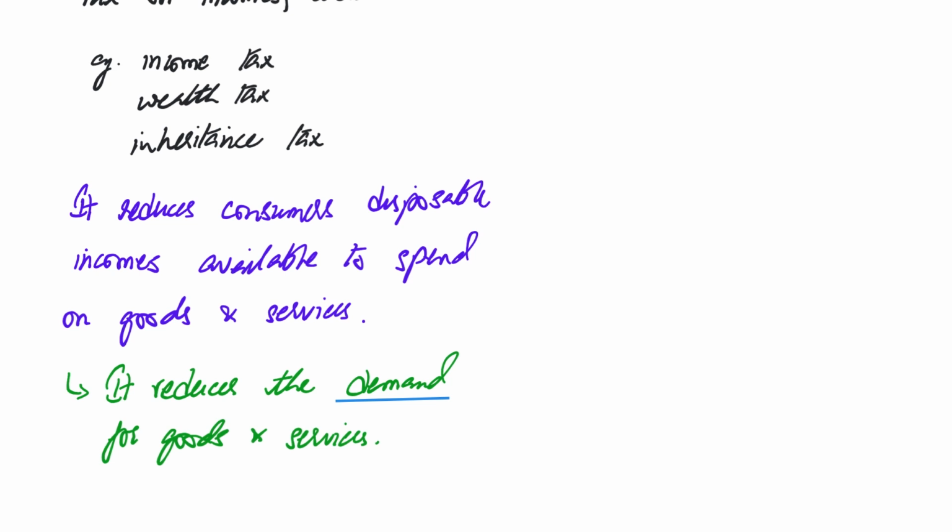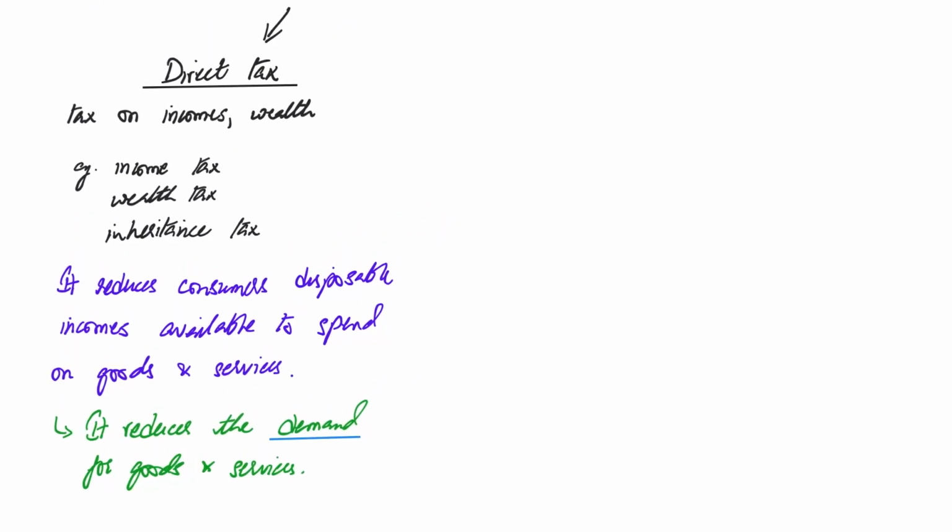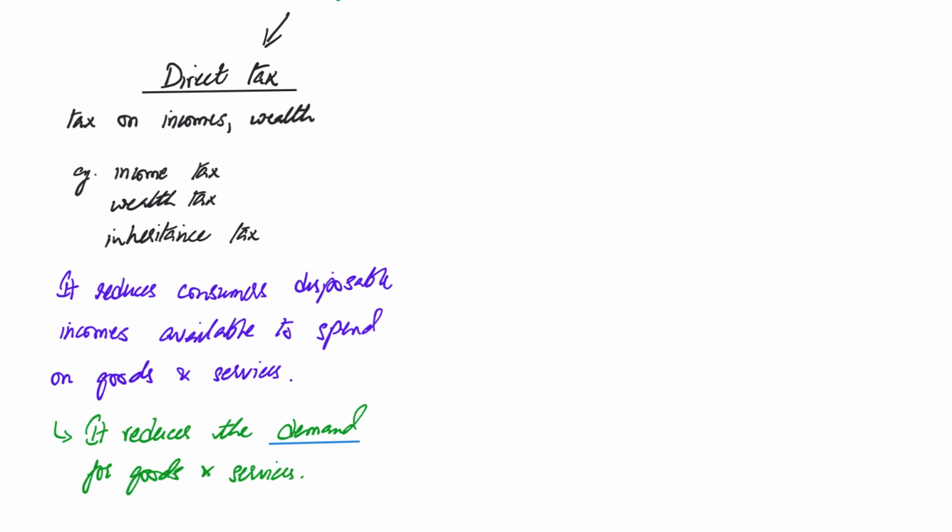All right, so the key thing is it has an impact on the demand. That's your direct taxation. If they talk about income tax or direct tax has been imposed, you're going to shift the demand curve to the right or to the left depending on whether they have implemented the tax or reduced the tax.